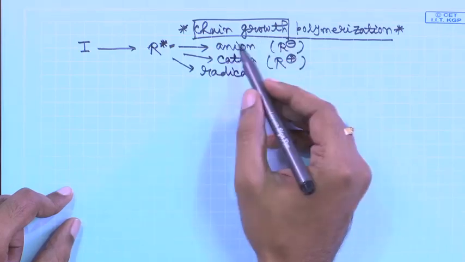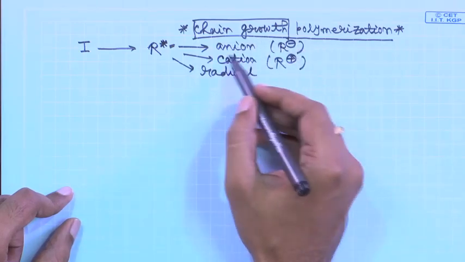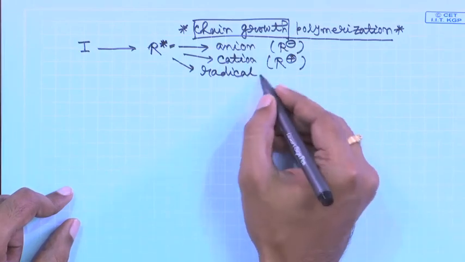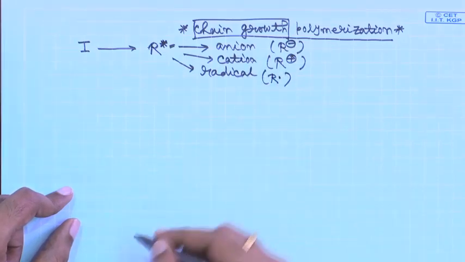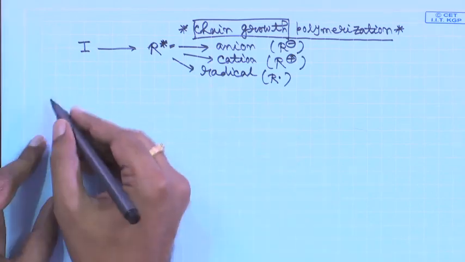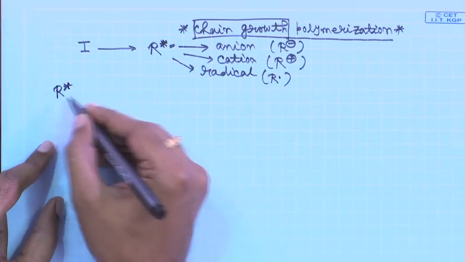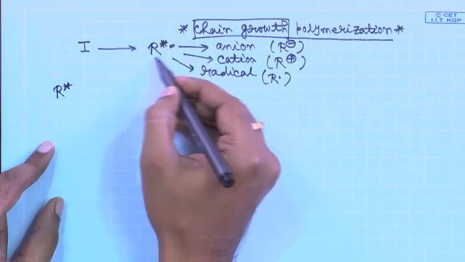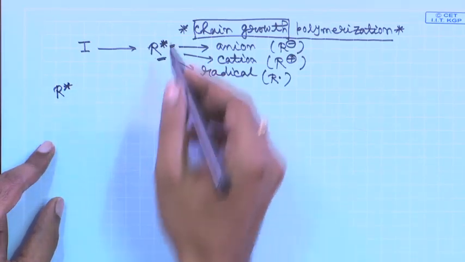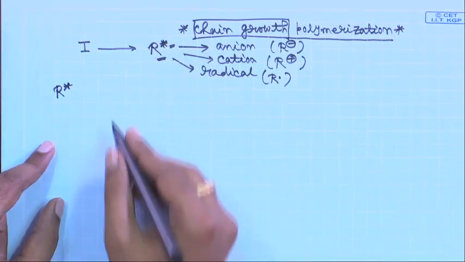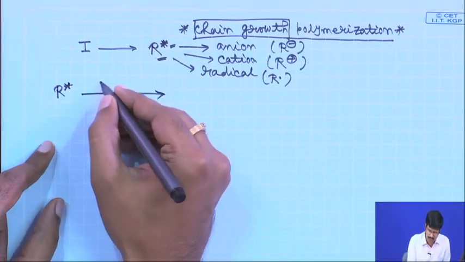So, you can actually have three kinds of chain growth polymerizations: anionic polymerization, cationic polymerization and radical polymerization. If it is a radical, it is like this. In general, you have produced an initiating reactive species, and this reactive species will react with your monomer.